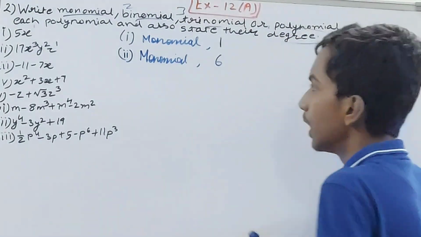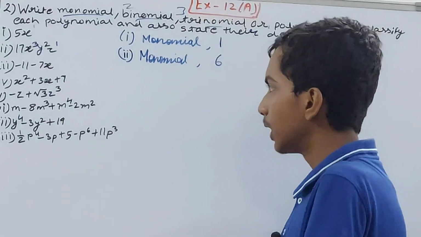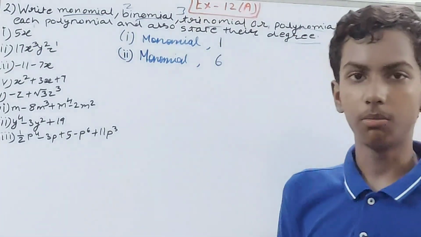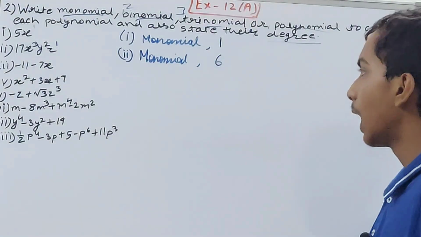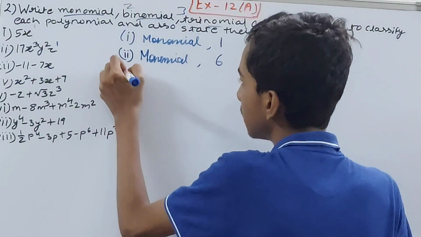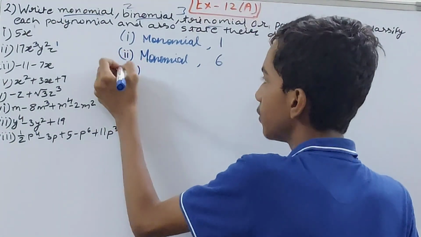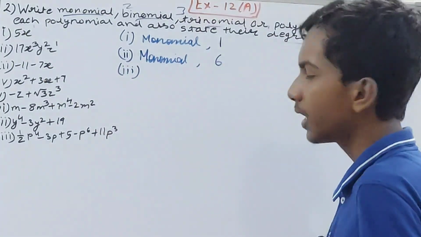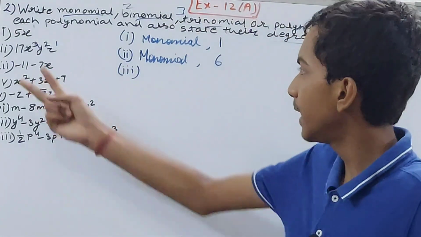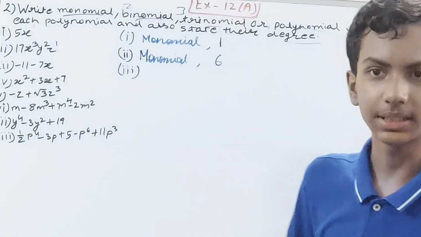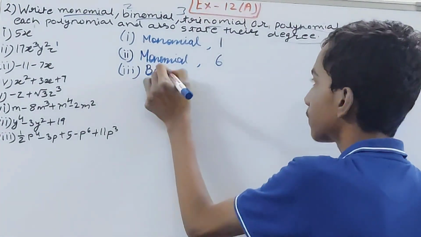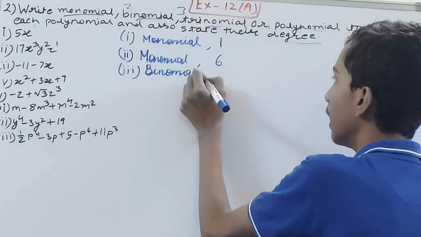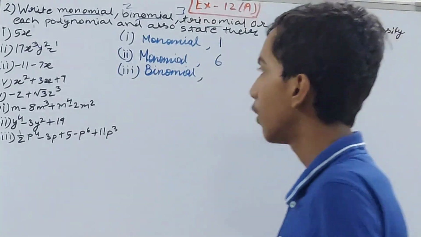Now what about the expressions that are not monomial, like binomials, trinomials and polynomials? How do you calculate their degrees? It is very simple. First of all, see the third part. It has 2 terms, minus 11 and minus 7x. So this is a binomial. Now state the degree of this.